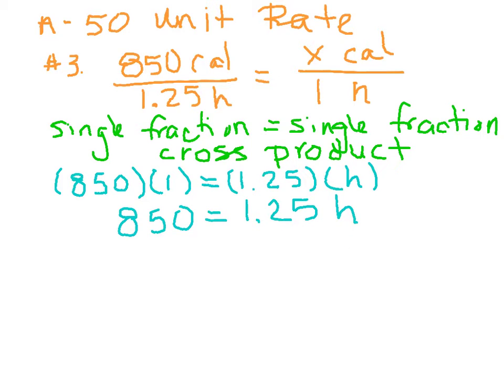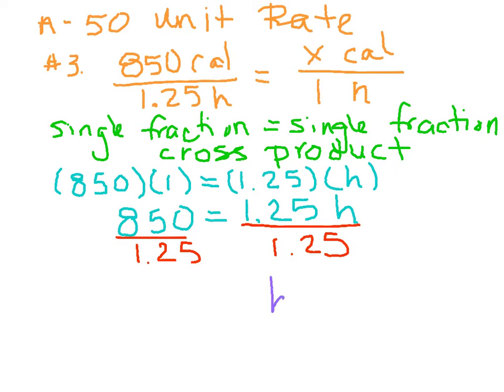In order to undo that multiplication, I'm going to divide both sides by 1.25. This is going to give me, these are going to cancel, 1.25 divided by 1.25 is 1, and 1 times H gives me my H.